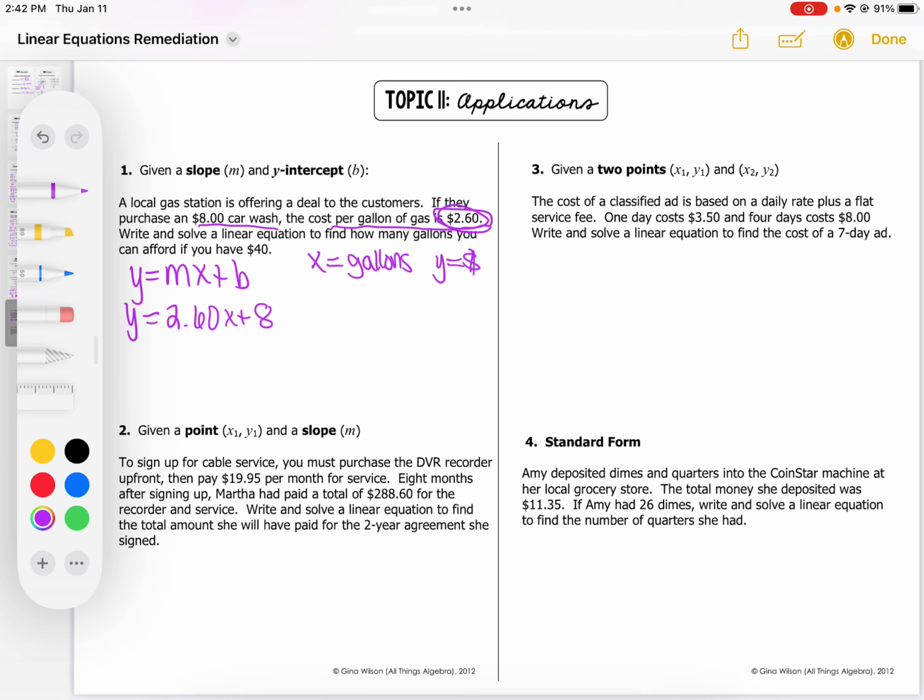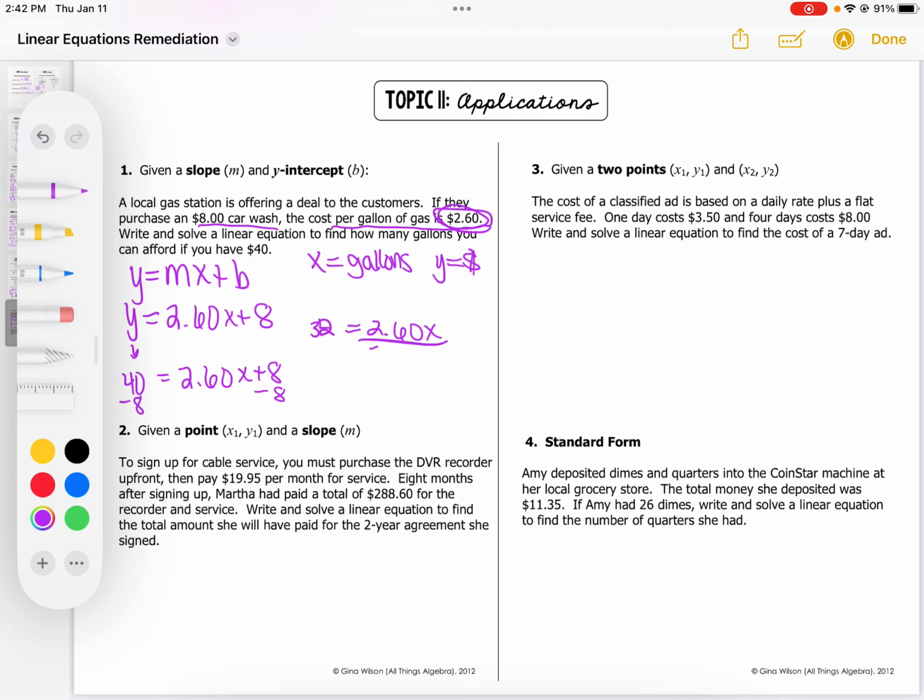All right, so we've got our equation figured out. Now let's answer the question. How many gallons of gas can you afford if you have $40? $40 is represented by Y. We replace 40 in for Y, and then we solve it for X. So to do that, we would subtract 8 from both sides. 40 minus 8 is 32.